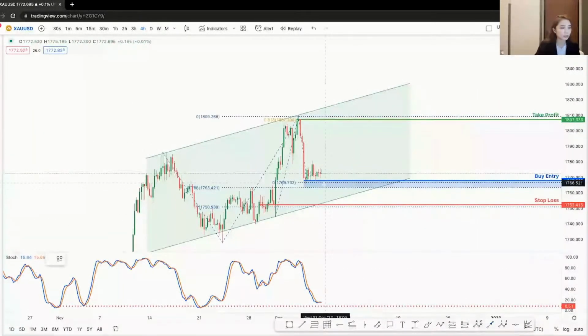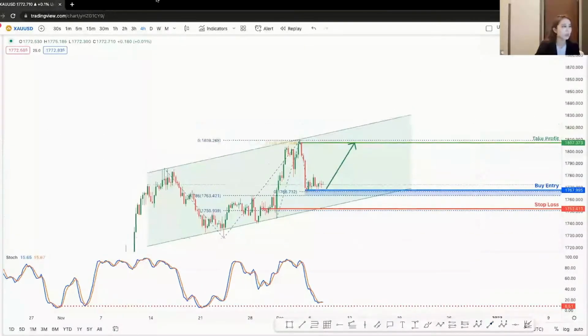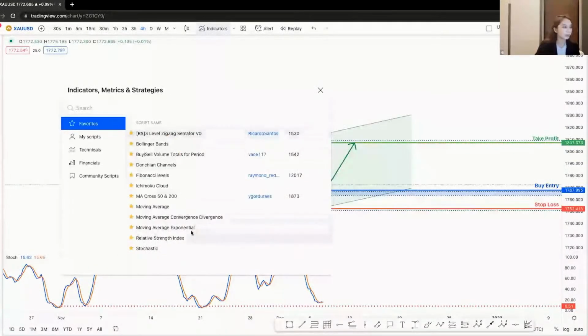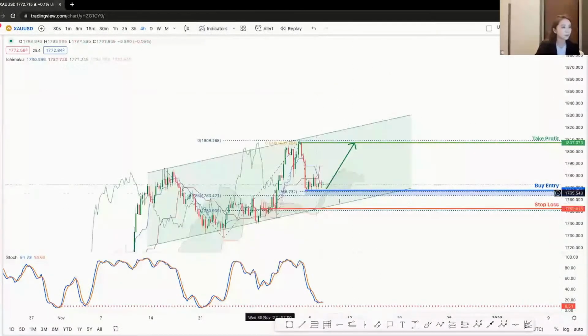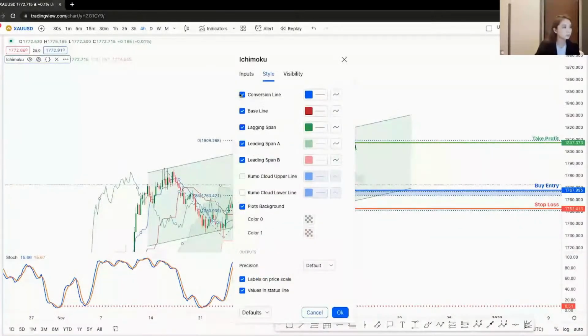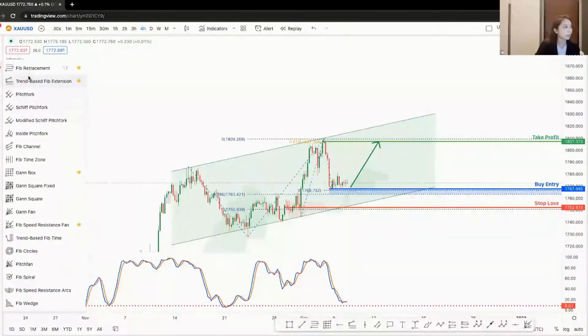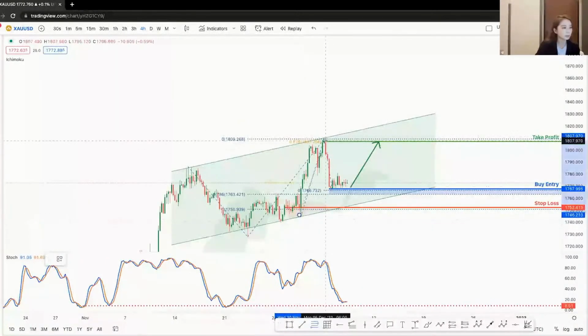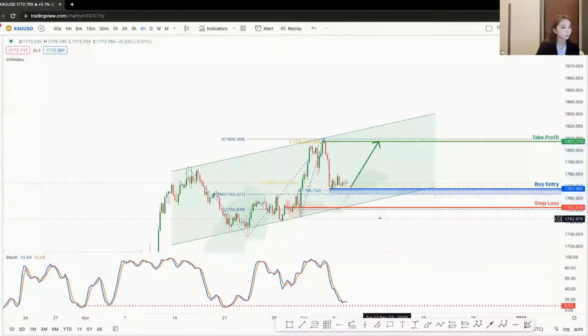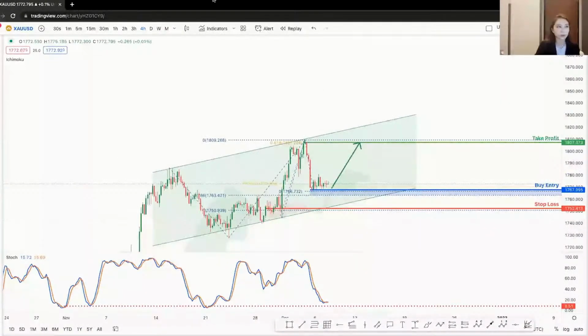However, I think it would be just nice as it's slightly below the channel, and it will show a lot of indication if it really exceeds that level in price. Price is also holding above our cloud. Okay, this is my take. Let me just add in a retracement, 61.8 as well. This is what I'm looking for, gold.